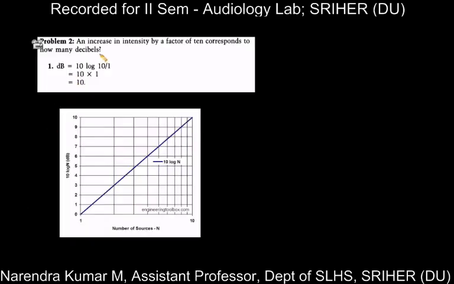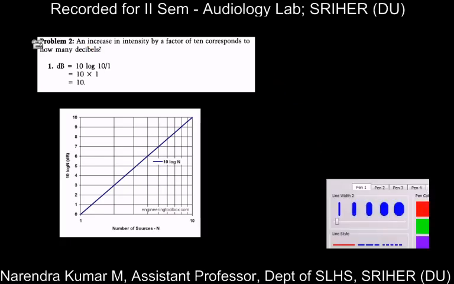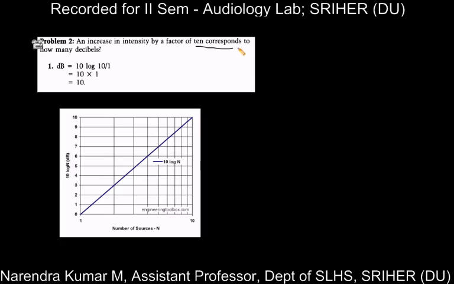Now if 10 different sources are producing the same intensity, what will happen to the intensity level? 10 log, the ratio becomes 10 times. So 10 log 10. You need to find the value of log 10. Log 10 value is 1. So there will be an addition of 10 dB.